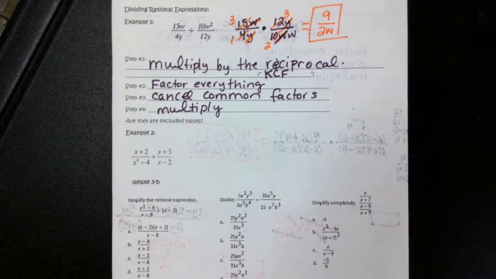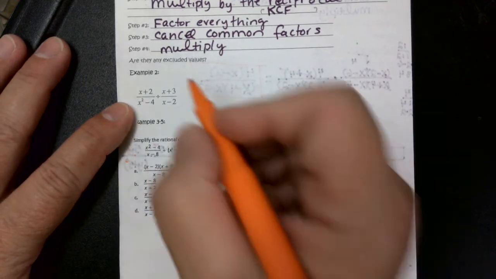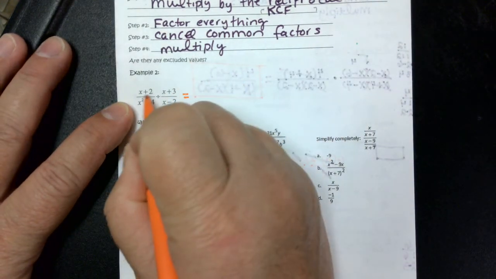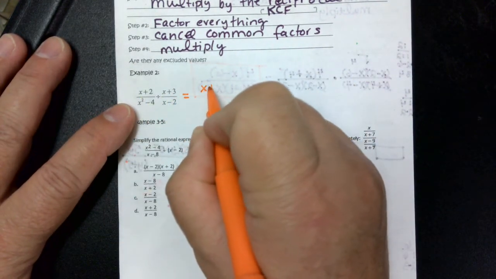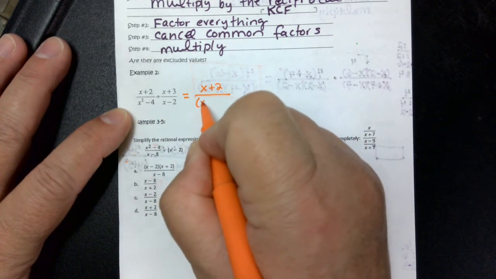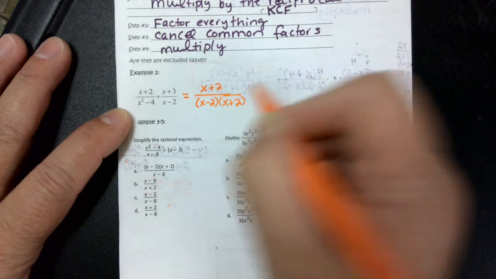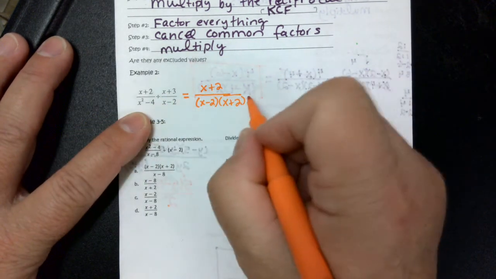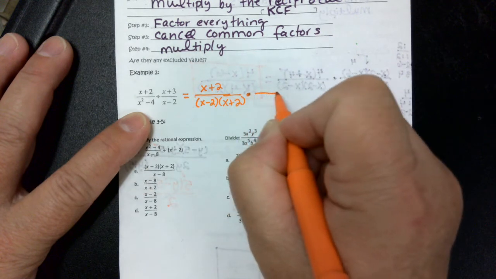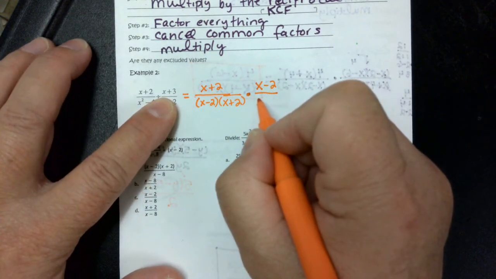All right, for example 2, let's go ahead and see what we can factor. X plus 2 we can't do anything with. This is a difference of two squares: x minus 2 times x plus 2. I'm going to change this to multiplication, and I'm going to flip. X minus 2 is in the numerator.